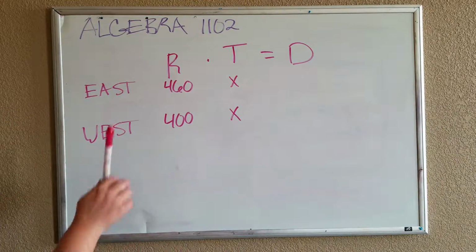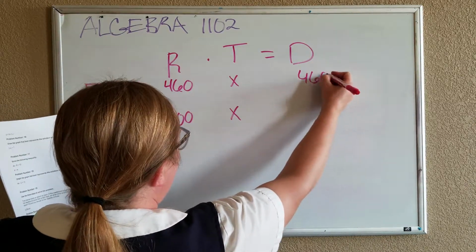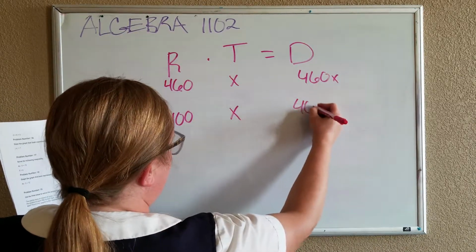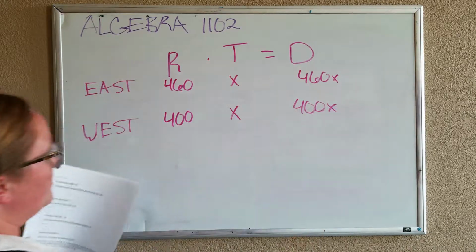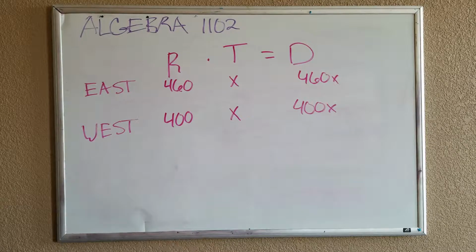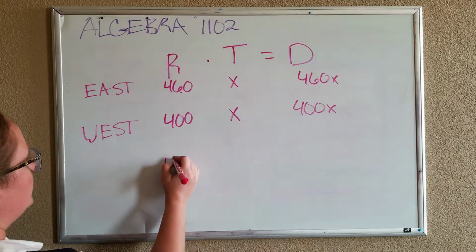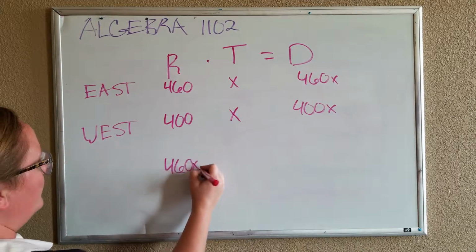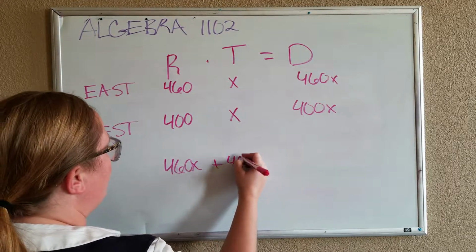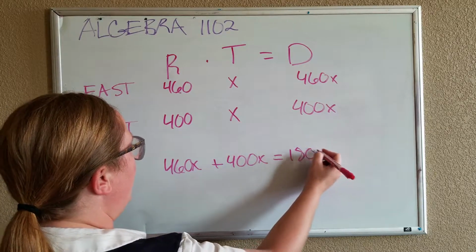All right, so multiply this. Rate times time equals distance. So this would be 460x and 400x. Okay, so that's how we represent their distance. We know that together their distances need to be 1,800 miles apart. So you take the distance of the eastbound plane plus the distance of the westbound plane, and together they should equal 1,800.